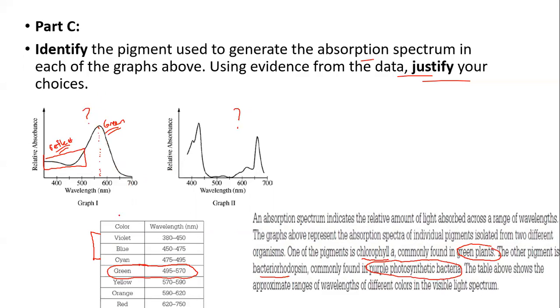So in terms of graph 1, I will write this off to the side. Graph 1 is going to be the bacteriorhodopsin.